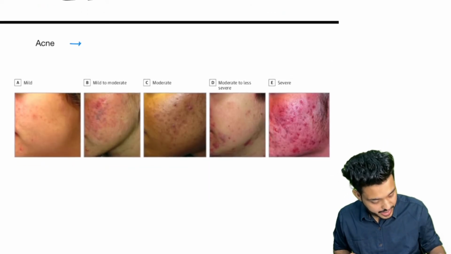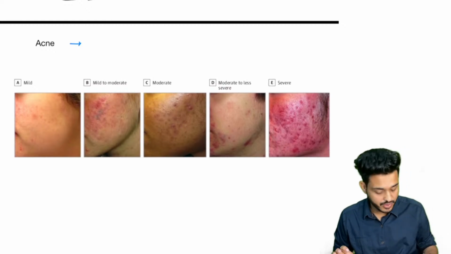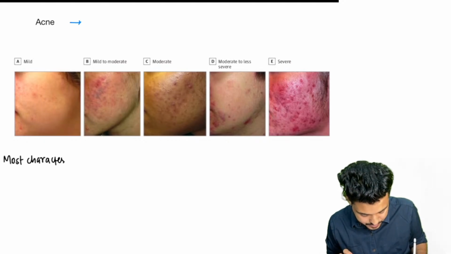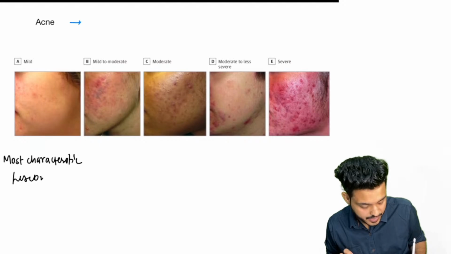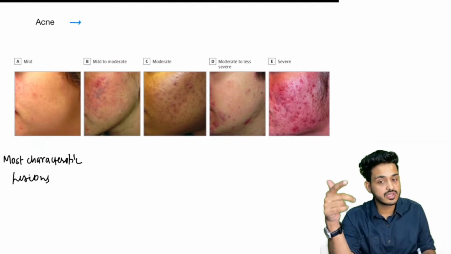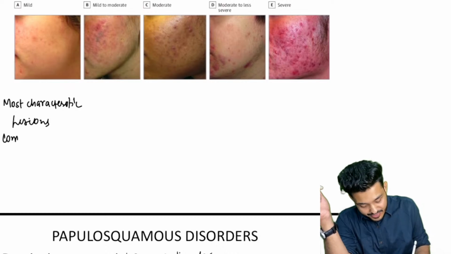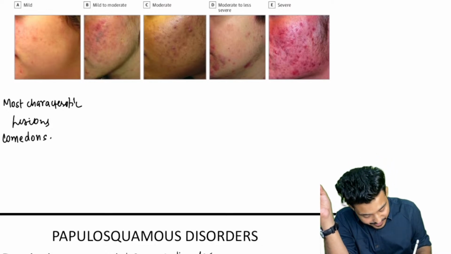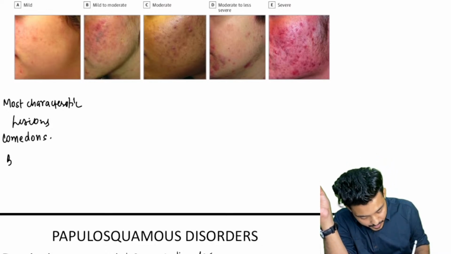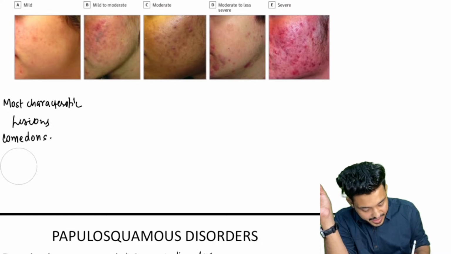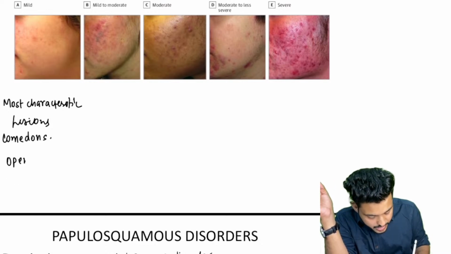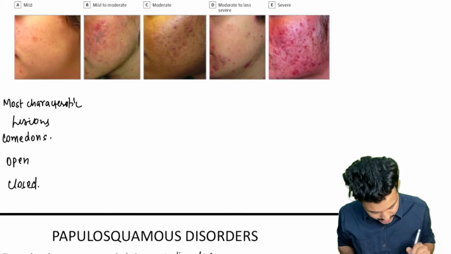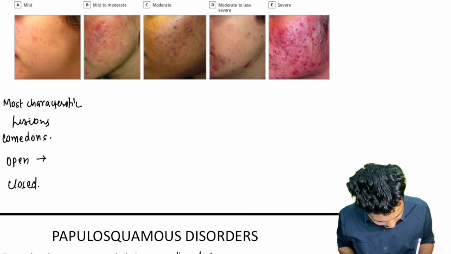Till then we will be looking at the most characteristic lesions. What are the most characteristic lesions here? We are having comedones. Comedones are the most characteristic lesions, and we have two types of comedones: blackhead, which you can say is open comedones, and closed comedones. Comedones are the basic lesions, open and closed.